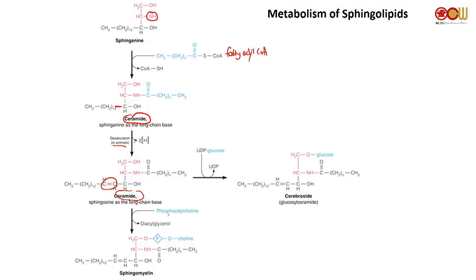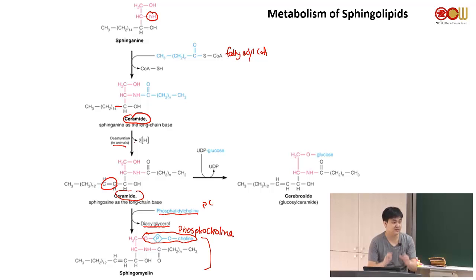If you add choline through phosphatidylcholine, you transfer the choline portion from the phosphatidylcholine to the ceramide, then you get sphingomyelin, because here this is phosphocholine, okay? And your PC then becomes your diacylglycerol because it passed the choline portion onto ceramide.